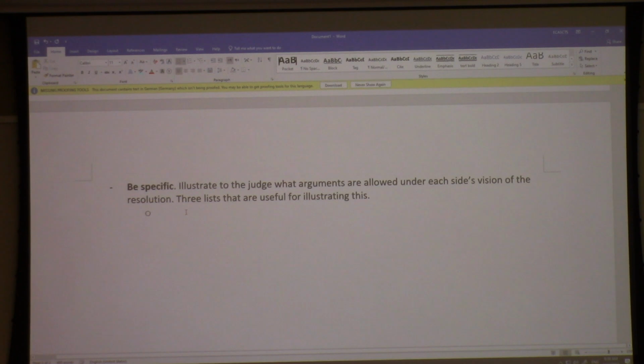So by lists, I mean specific examples of arguments that teams have actually read in debates or could conceivably read under each interpretation of the resolution. So the first one is robust affirmatives allowed under your interpretation. So this is what we call a case list.